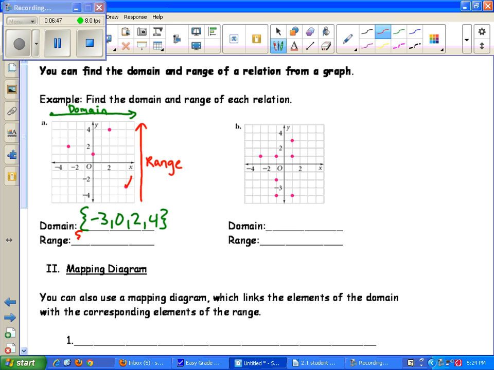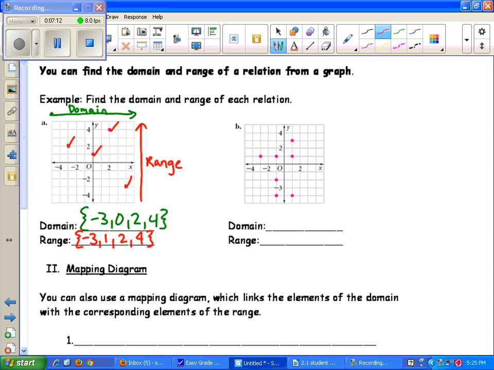Again, I use these curly brackets. The lowest y value is -3. The next one would be right here, which would be a value of 1. The next one is here, which is a value of 2. And then this one right here, which would be a value of 4.